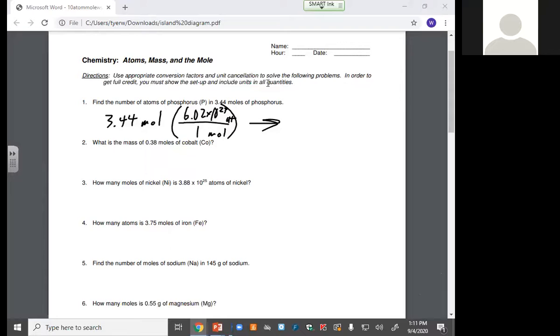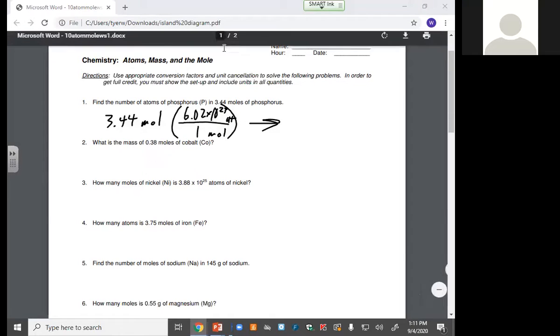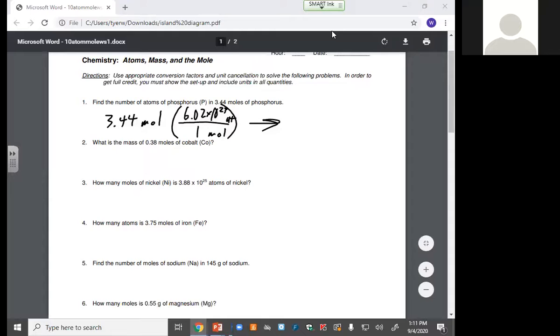Mass is just grams. Mass is the same thing as grams. Well, grams is measured in mass. All right, Matthew.